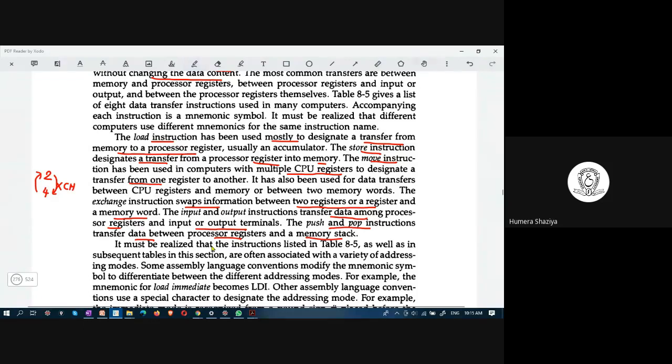There are processor registers like R1, R2, R3, or even accumulator, or any other register. When there is a transfer of data between processor register and memory stack, push and pop instructions are used.